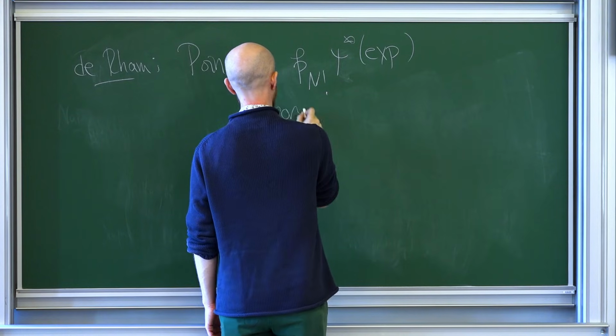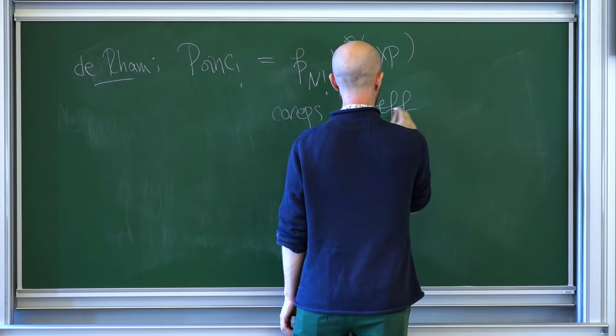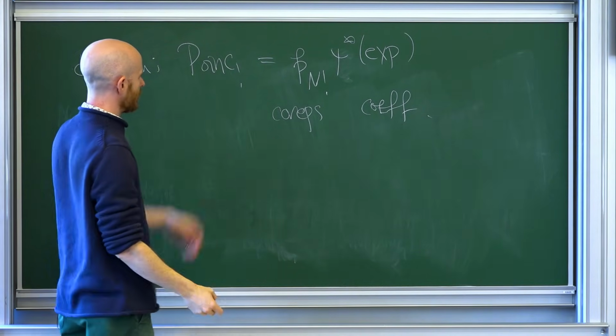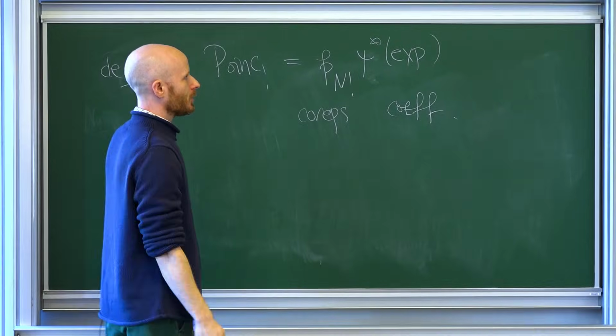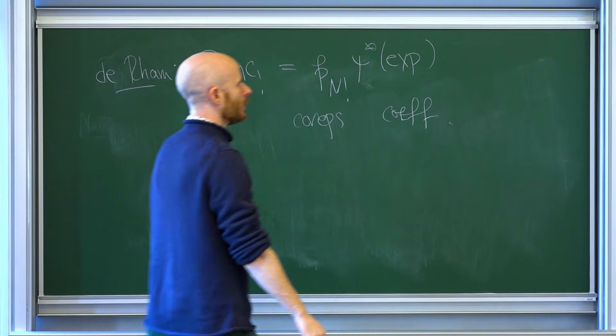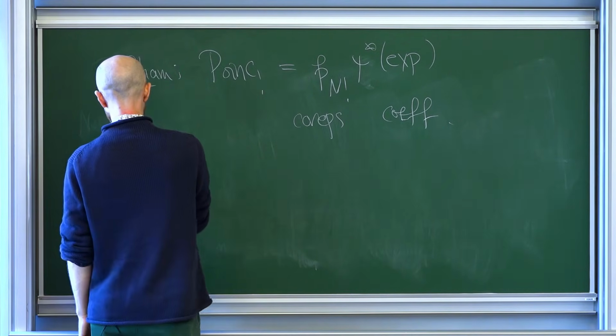And so this co-represents this coefficient functor. So Hom out of this Poincaré sheaf is the coefficient operator. So sometimes this gets called the Whittaker sheaf also. I don't know. There's a choice of normalization in the terminology.